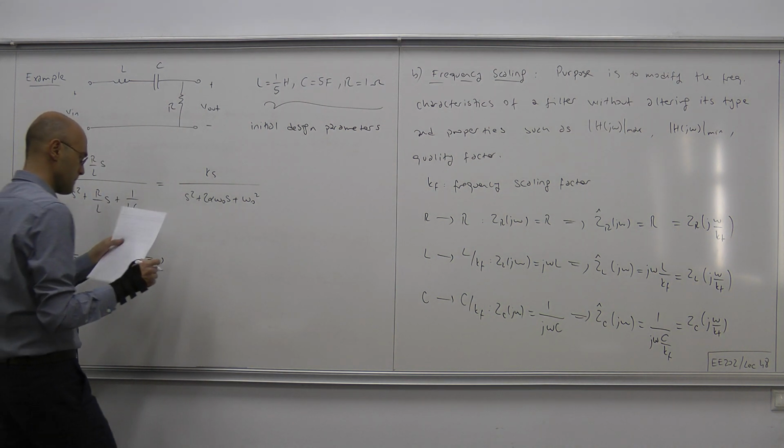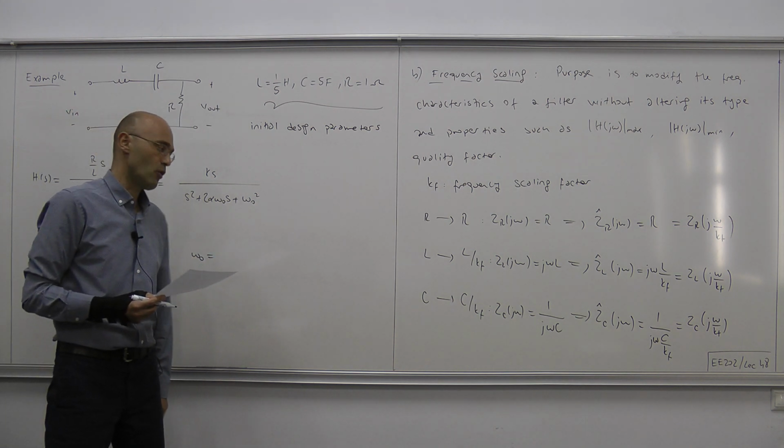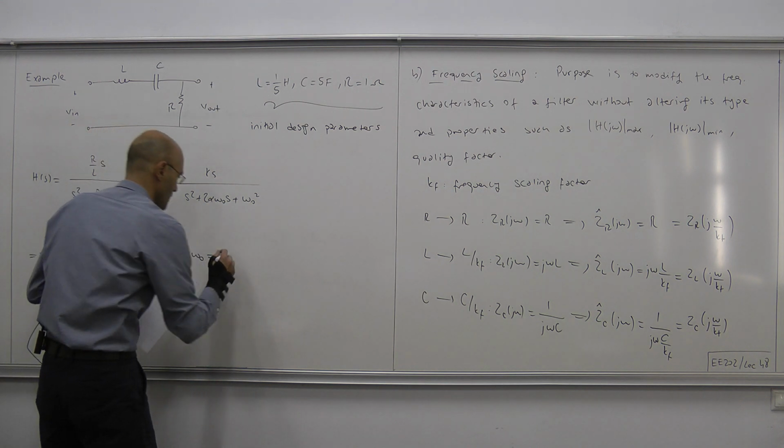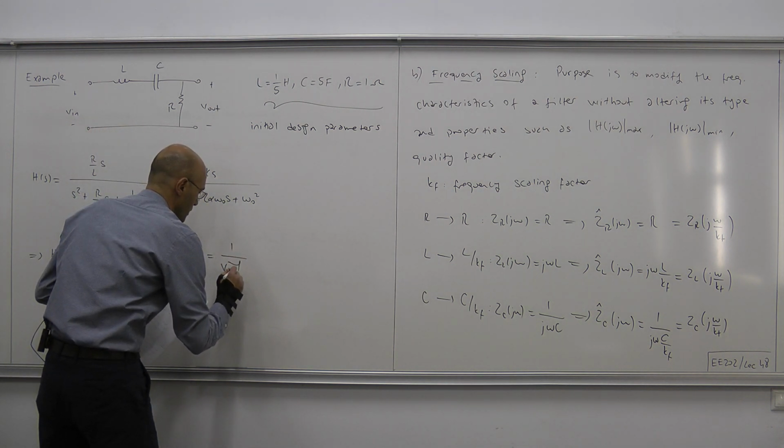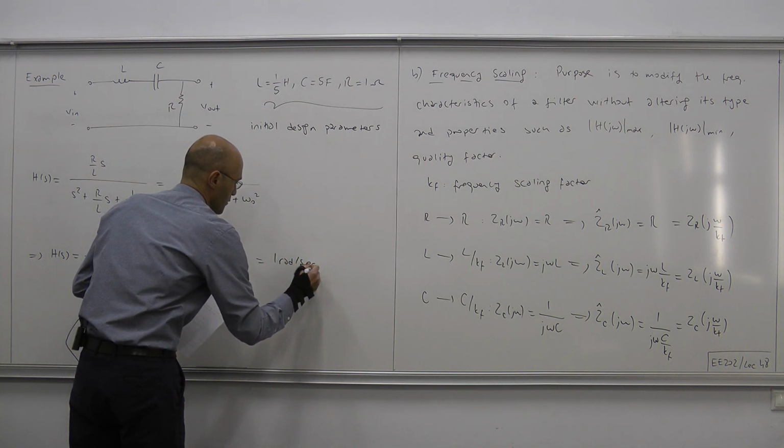And that transfer function produces the following properties for our filter. Omega 0, the center frequency, is 1 over square root of LC, which is 1 radian per second.